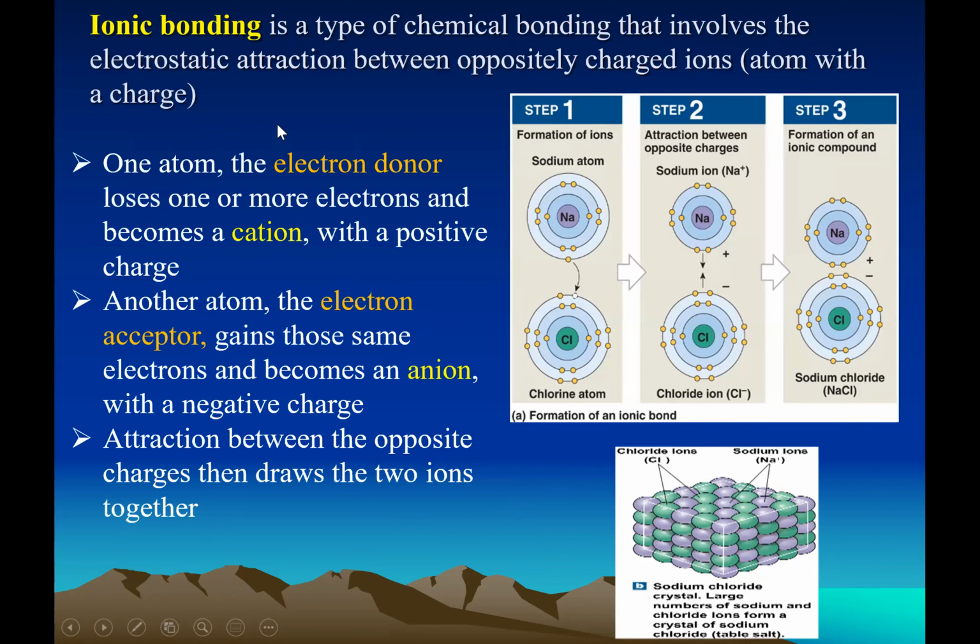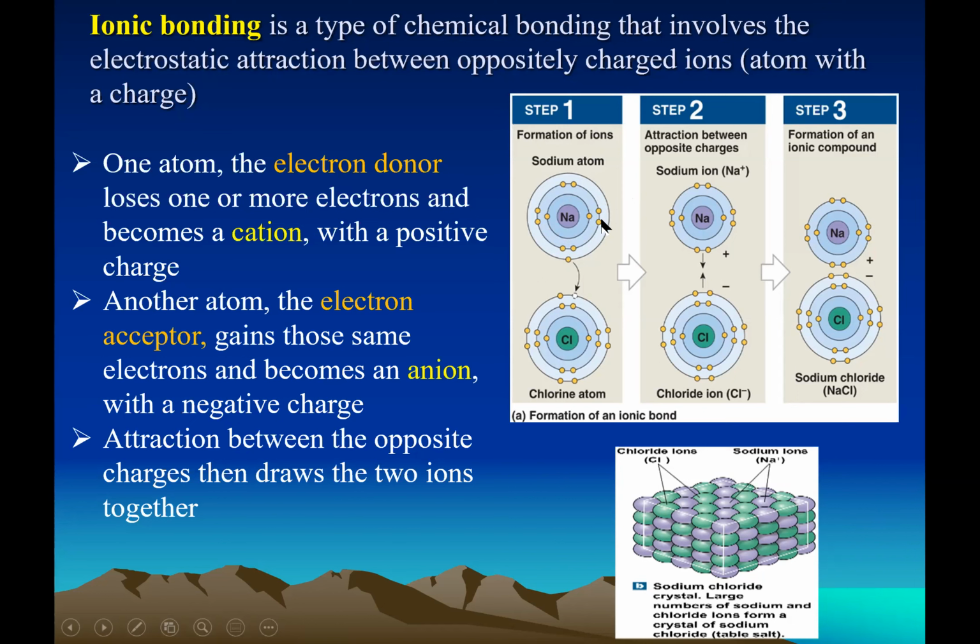An ionic bond is a type of chemical bond that involves electrostatic attraction between oppositely charged atoms. When we say ion, it is an atom with a charge. If you take the sodium atom, the first shell has 2 electrons, so it is stable and satisfied.